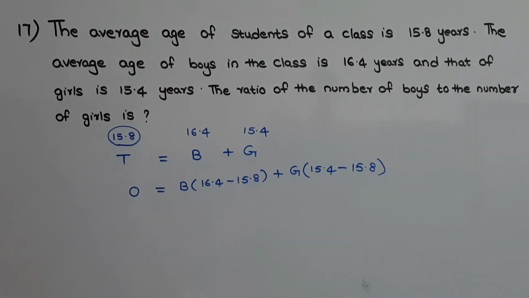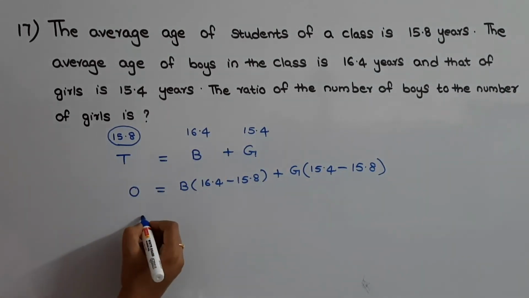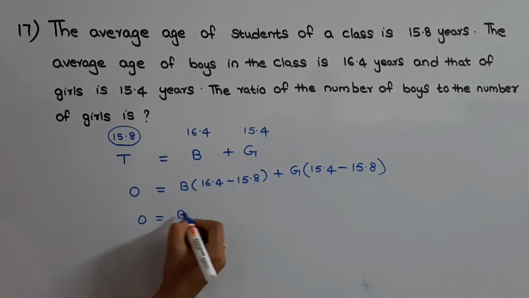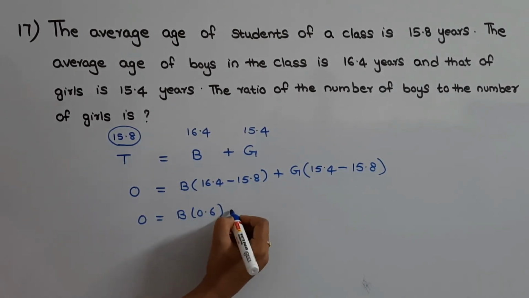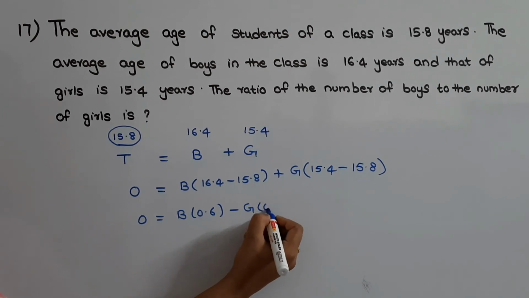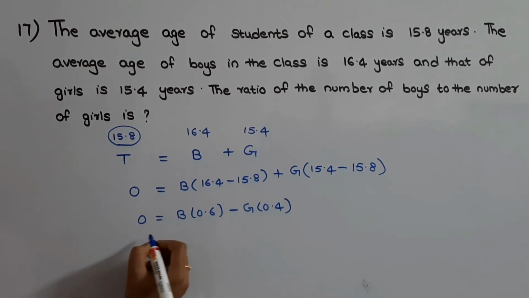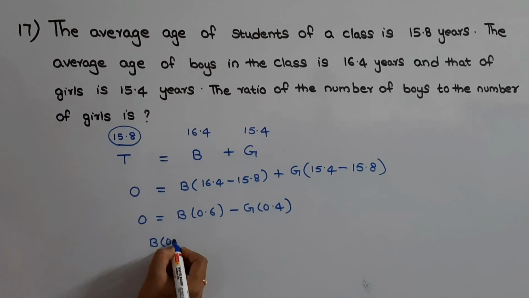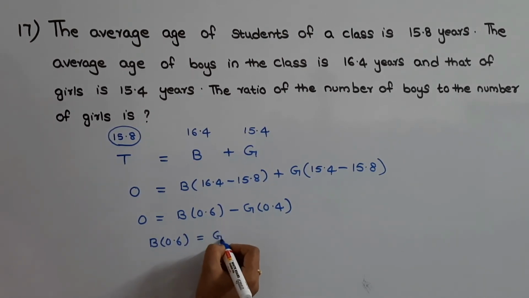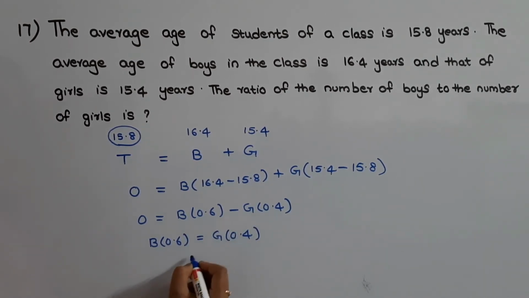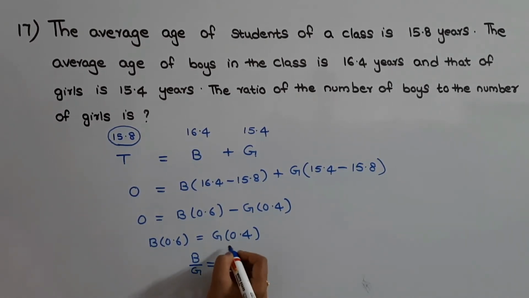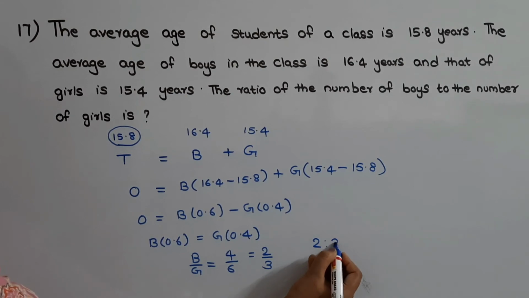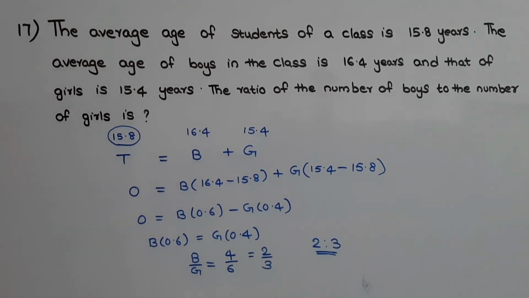Now on solving this you will get 0 is equal to b into 0.6 minus g into 0.4, or we can write this as b into 0.6 is equal to g into 0.4, or the ratio of boys to girls will be equal to 0.4 by 0.6, or we can write it as 4 by 6, that is equal to 2 by 3. So the ratio is 2:3. So this is the answer.